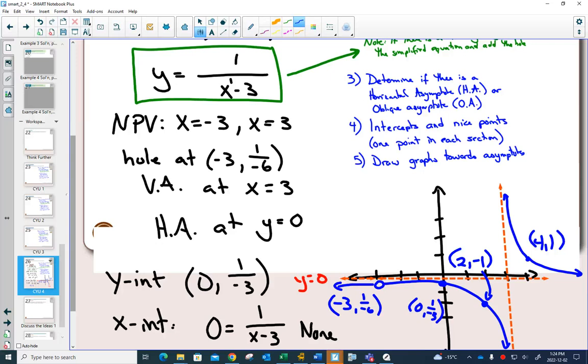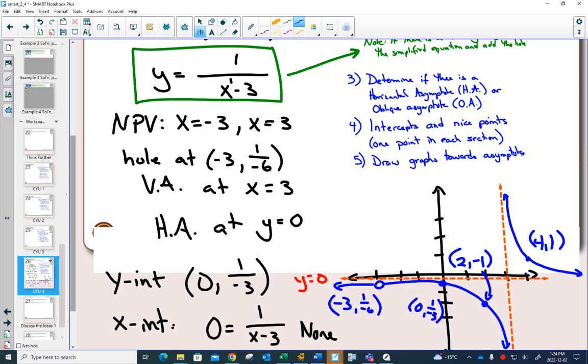You could have just said, I'm going to take my rational graph, move it 3 to the right, and add the hole to the graph. Or, if I forgot how to move things left and right, or I didn't recognize it was a rational graph, I could still use my steps, right? Find my x-intercepts, y-intercepts, find my nice points, and graph it that way as well.